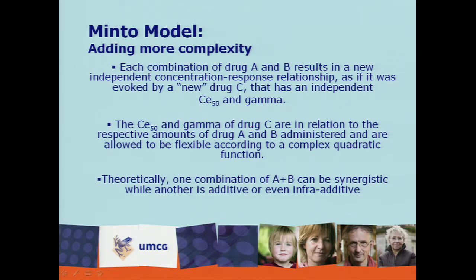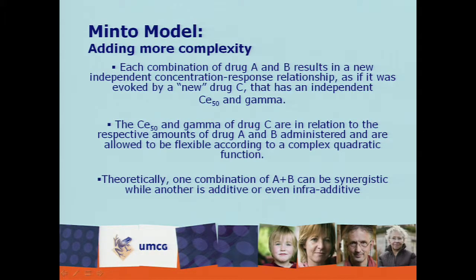So it's an independent concentration-response relationship, as if it was evoked by a new drug C that has an independent effect on CE50 and gamma. As a result, the CE50 and the gamma of that new drug C are in relationship to the respective amount of drug A and B administered, and are allowed to be flexible according to a complex quadratic function.